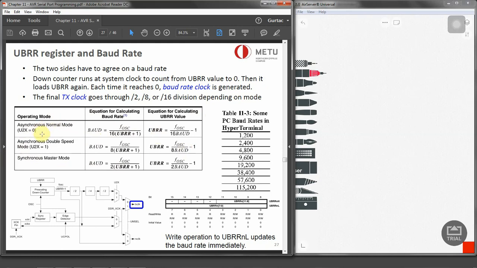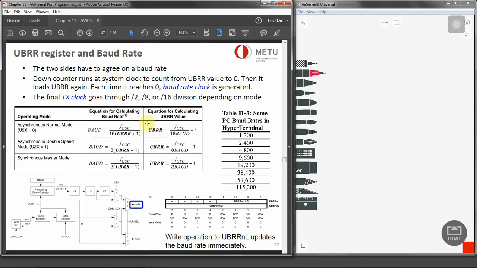And we need to know these formulas to calculate the baud and the UBRR. So for example, for asynchronous normal mode, where U2X is 0, we don't want double speed over there, the baud can be calculated based on the frequency of the clock divided by 16 multiplied by (UBRR plus 1). So if the UBRR value is given or if you know it, we can easily calculate the baud.